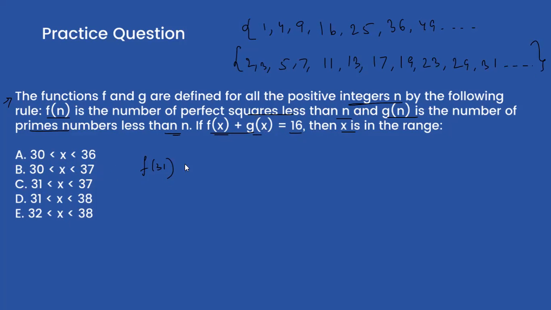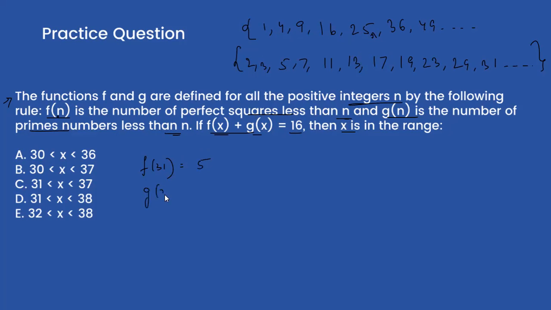Now, what is f(x) and g(x)? Let's try to determine. So f(31) is the number of the perfect squares that are less than 31. What are the perfect squares less than 31? It's till this point. How many numbers are there? 2, 4, 5. So f(31) comes out to be 5.